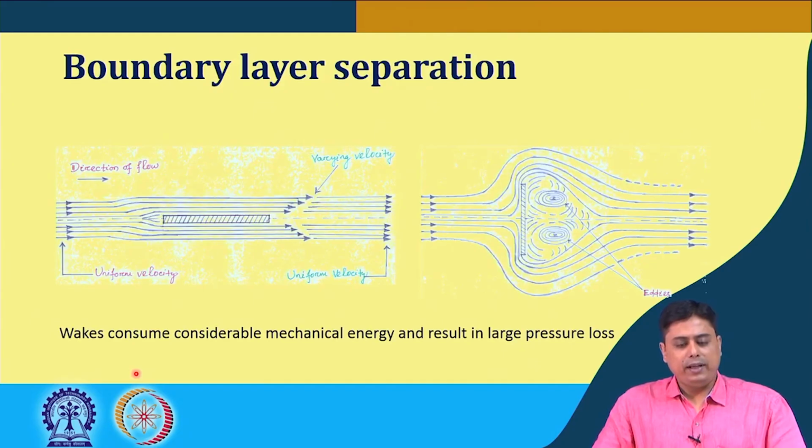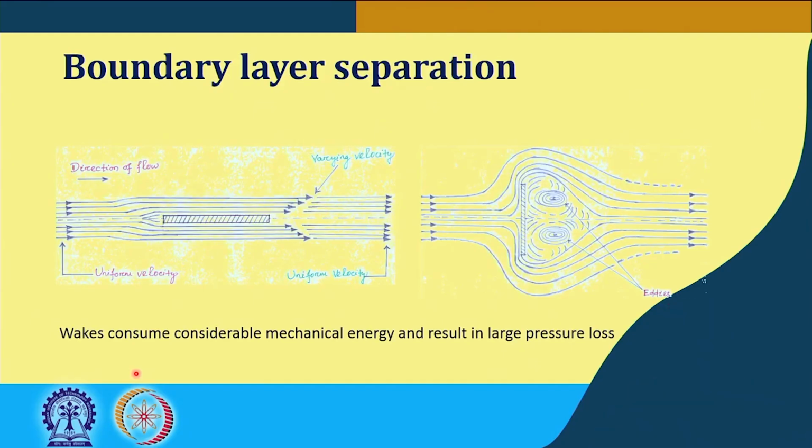Now, the point is boundary layer separation. For example, for this flat plate we discussed, let us say a uniform velocity is approaching this flat plate. We have boundary layer development on both sides, the upper and the bottom of this flat plate.